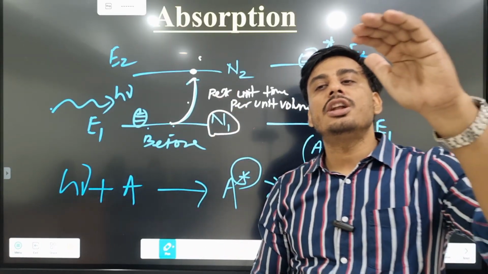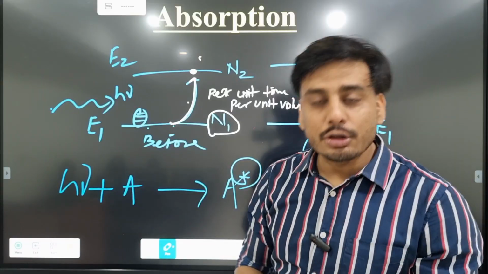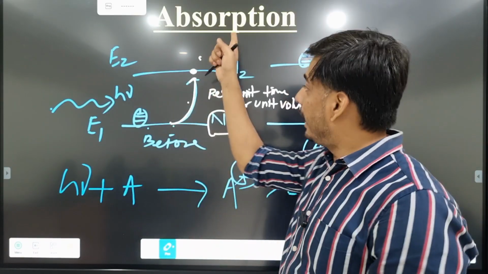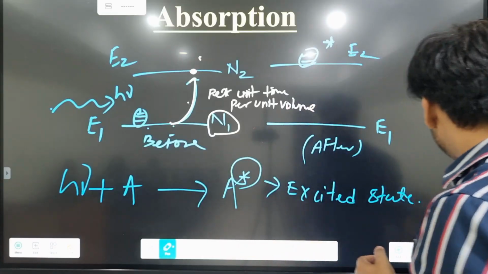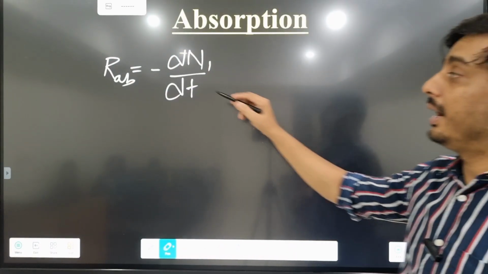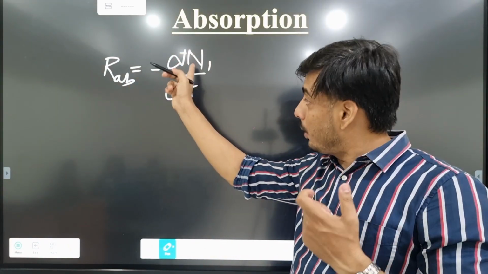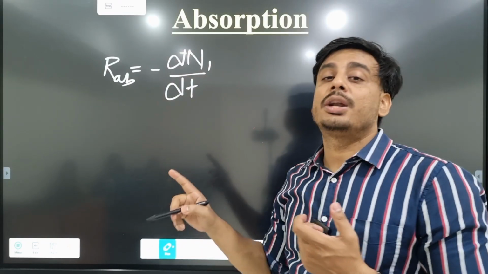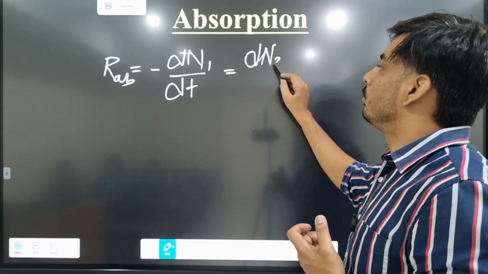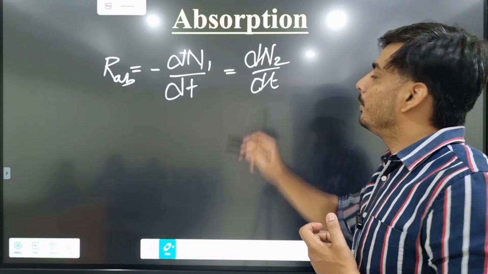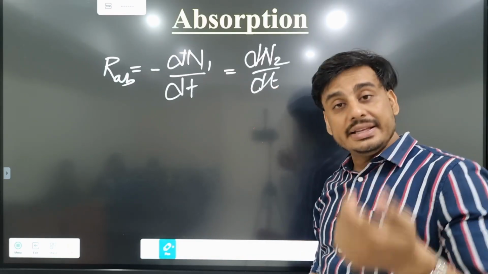So gradually the number of particles decreases in the lower energy state, whereas in the higher energy state the number of particles gradually increases. For that reason we have given a negative sign. Negative sign indicates that N1 decreases with respect to time, but you can also represent that in terms of N2, dN2 by dt, because N2 gradually increases.